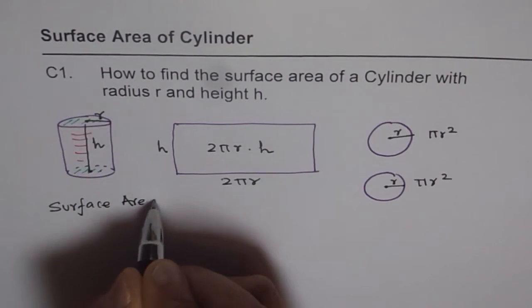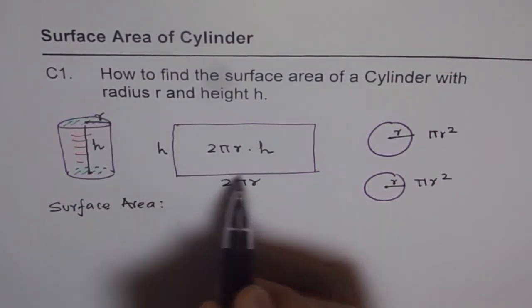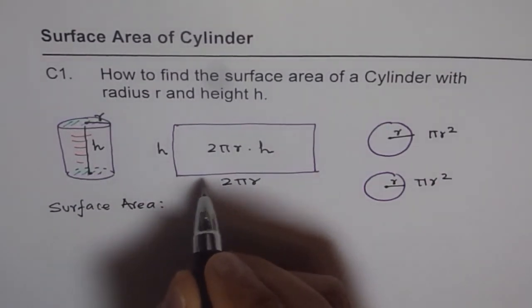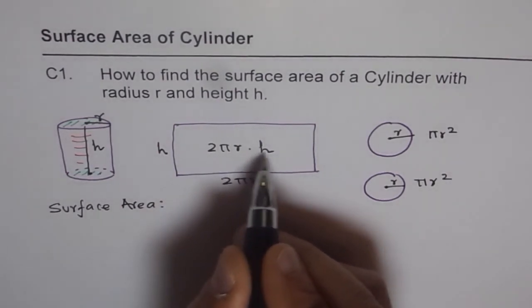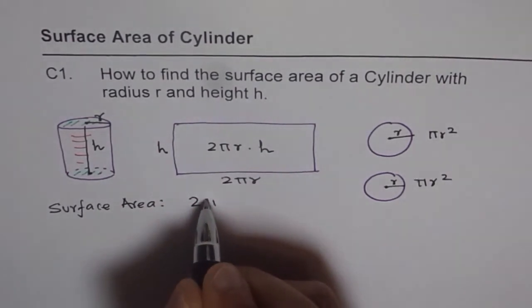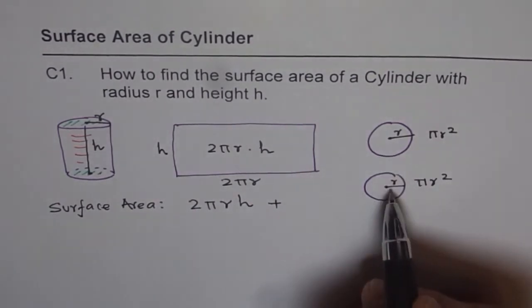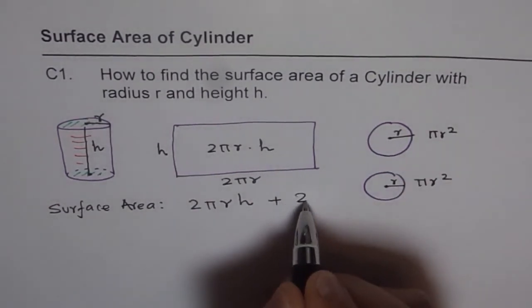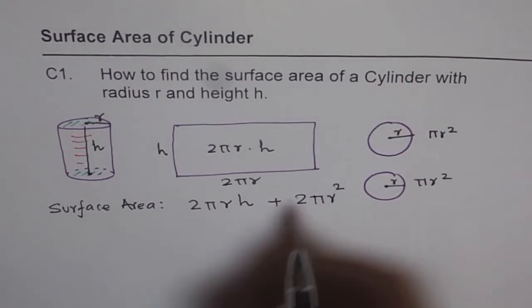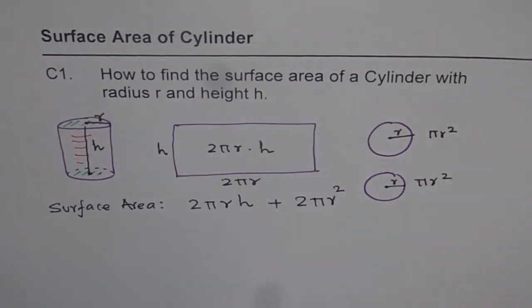It's already there before you. It is the area of the rectangle, which is 2 pi r h, plus the area of these two circles, so 2 times pi r square. So that is how we can calculate the surface area of a cylinder, right?